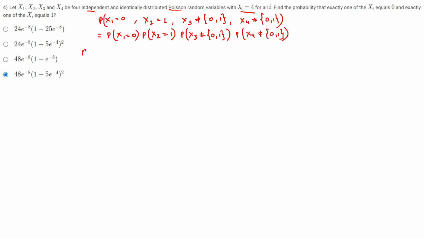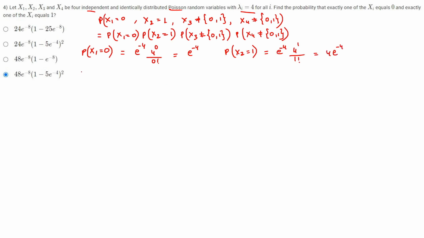What about P of x1 is equal to 0? It is nothing but e to the power of minus 4 into 4 to the power of 0 divided by 0 factorial, which is nothing but e to the power of minus 4. And what about the probability of x2 is equal to 1, which is nothing but e to the power of minus 4 into 4 to the power of 1 divided by 1 factorial, which is nothing but 4 e to the power of minus 4.